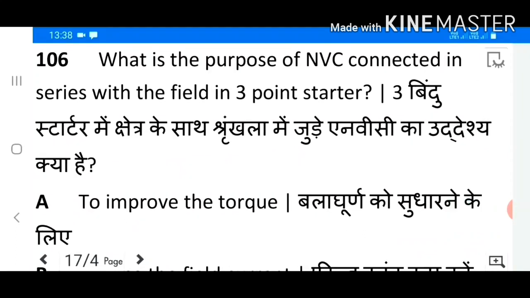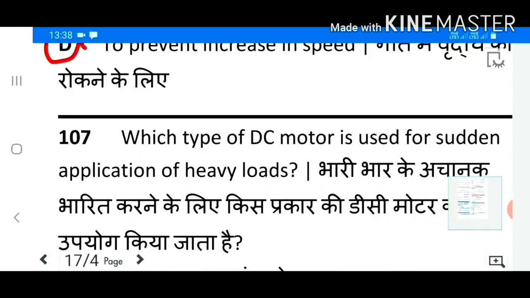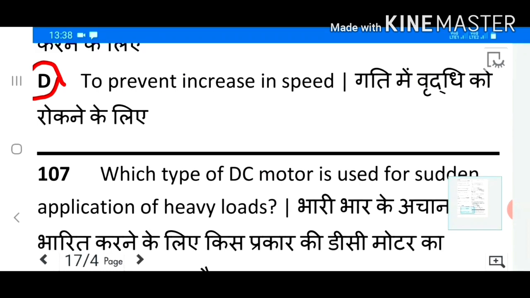What is the purpose of no volt coil connected in series with the field in 3-point starter? Answer. D. To prevent increase in speed.